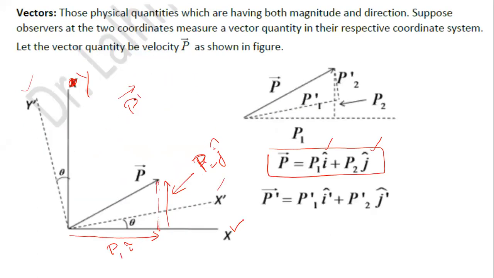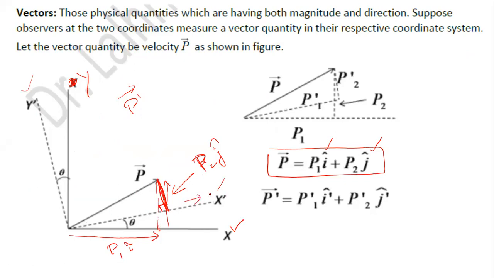In these prime coordinates, you can drop a perpendicular here on this prime x component, and let's say this is 90 degrees. So your p prime will have two components along this.